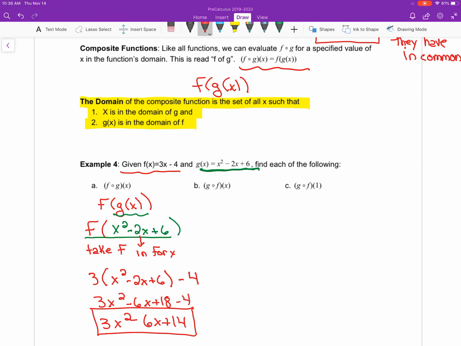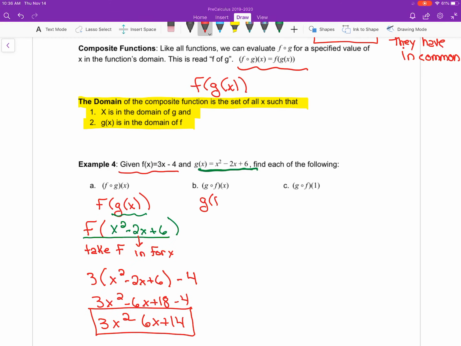Okay, now if we want to find g of f of x, we take g and we're going to put f of x in here, which is 3x minus 4, and now we are going to take this and plug it in for g. So we would have 3x minus 4 squared minus 2 times 3x minus 4 plus 6. Literally plugging this in for all the x's.